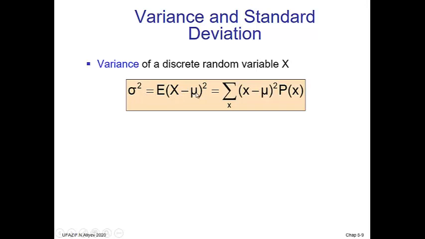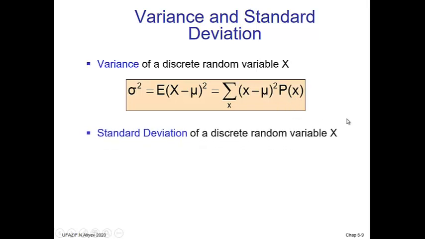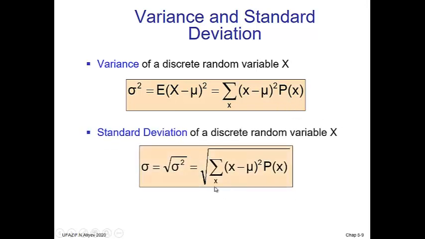Also, because we consider everything here, all possibilities of a random variable x, we should differ it, and instead of x bar which we use for the sample, we use mu and find the square. Expected value of (x minus mu) squared also gives you the same formula. Okay, and standard deviation, as always, is the square root of variance calculated using this formula.